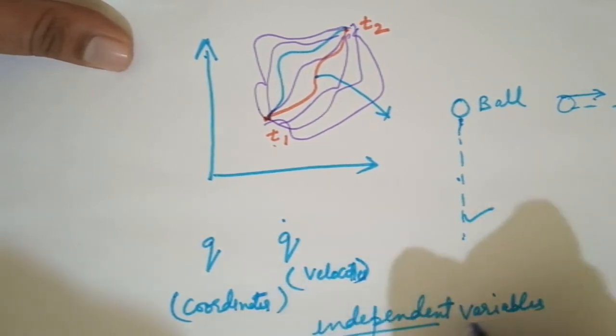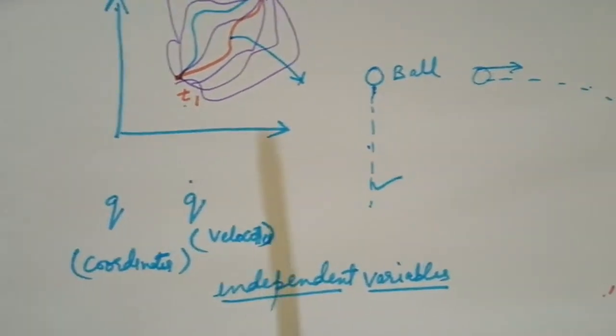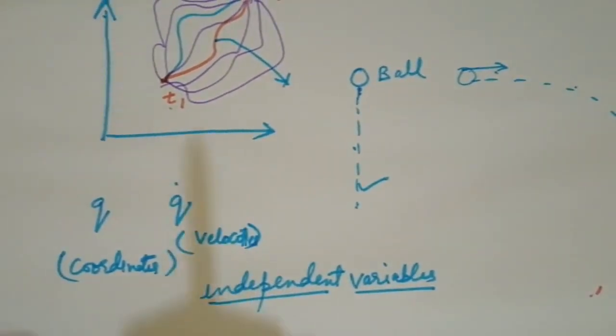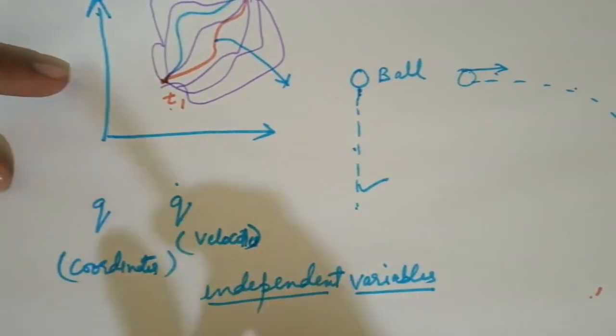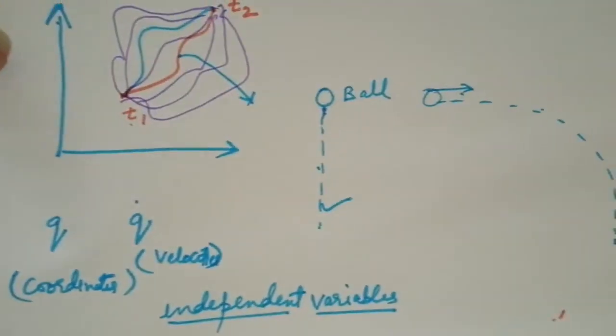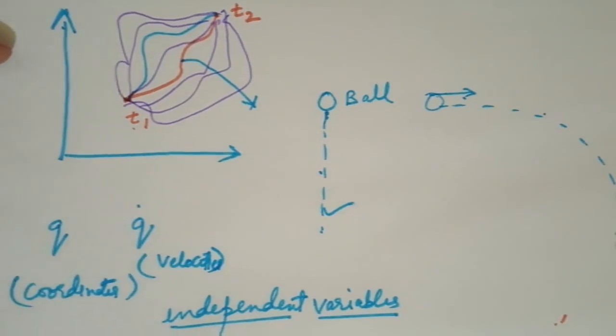Now this is an important aspect which you need to take into consideration. When I say coordinates and velocities are independent, at first instant it might seem weird because all of us know from mathematics that q dot is essentially the first derivative with respect to time of q. So how can q and q dot be independent?